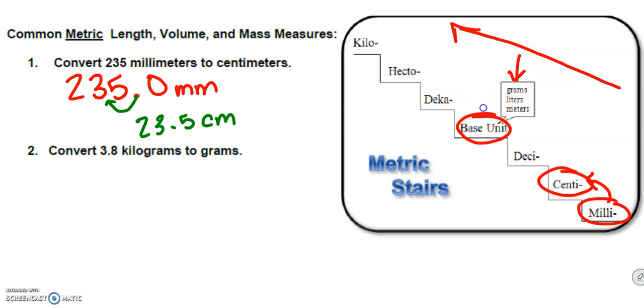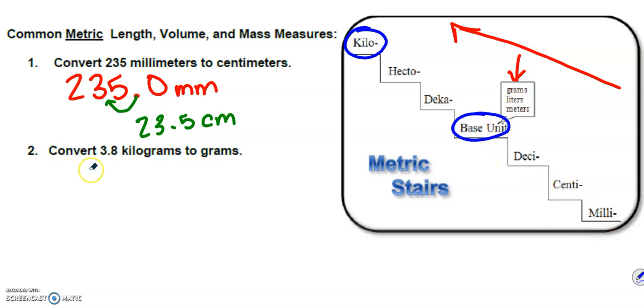So likewise, let me go ahead and erase these for our next one. Likewise, what I can do is convert between kilograms to grams. So if I was going to do kilograms, which are right here, to grams, grams are a base unit. I don't have a hecto, deca, deci, centi, or milli in front of that. So what I've got to do is go to my base unit. In order to do that, that's 1, 2, 3, and I'm going 3 down, which is also 3 to the right.